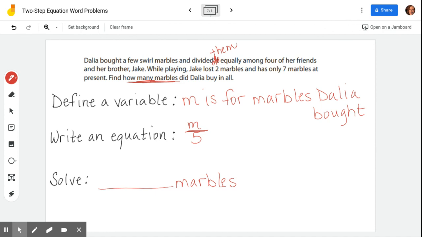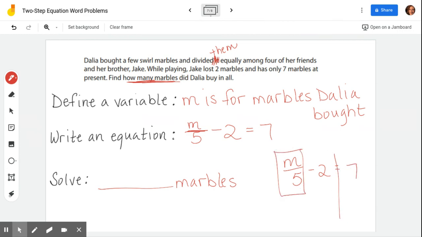There's his group. But then he lost 2. Dang it, Jake. So, we're going to take 2 away from what Jake has. And now he's only got 7. Hey, look at that. I just completed an equation. So down here, I'm going to solve it. M over 5 minus 2 equals 7. I'm going to split it. I'm going to box it.